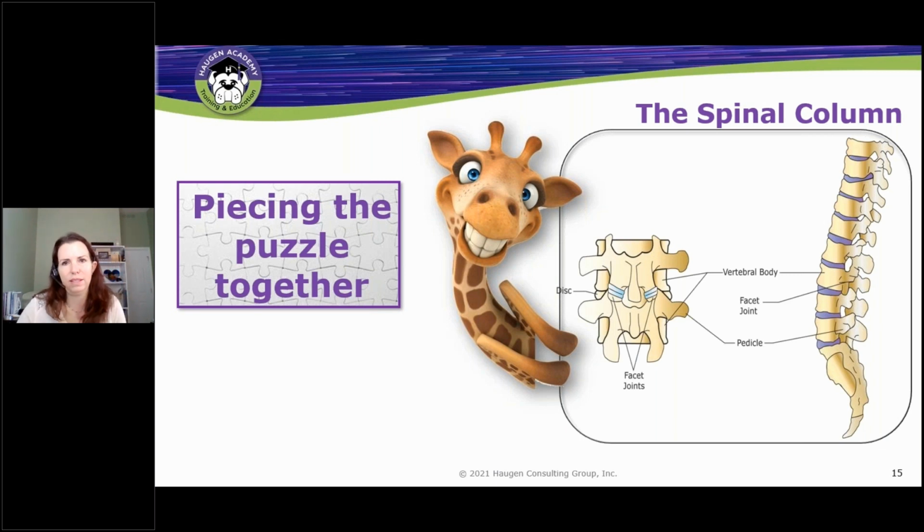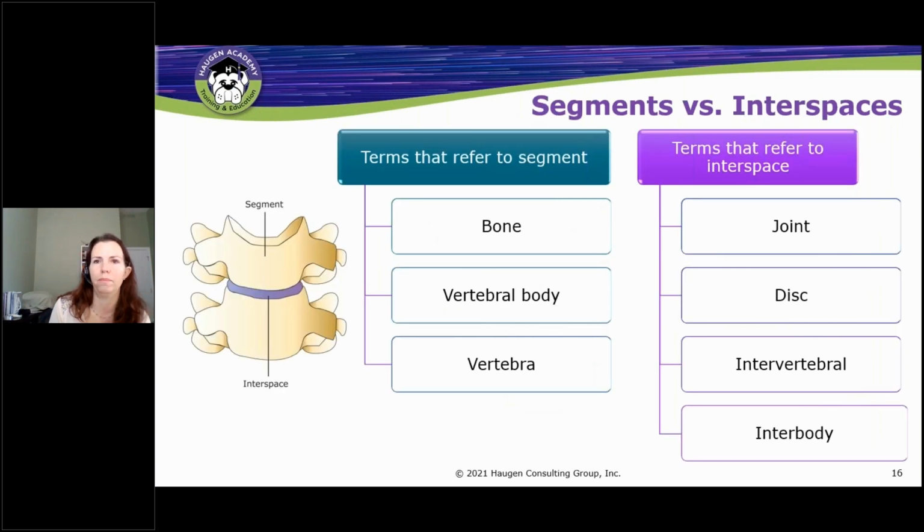So this next slide, I feel like this is a super important concept to pick up, which is the vertebral segment versus the interspace. If you're coding CPT for pro fee or PCS for facility, this is a super important concept to understand. So terms that you may see that will refer to the vertebral segment would be the bone or bony part, the vertebral body, or the vertebra itself.